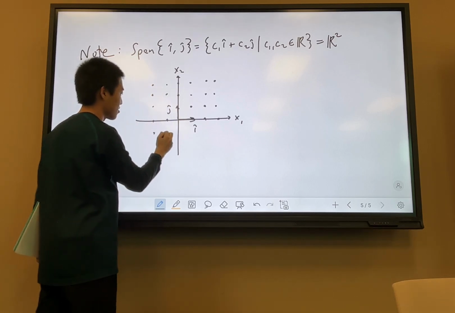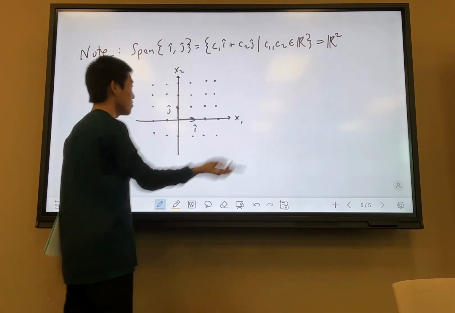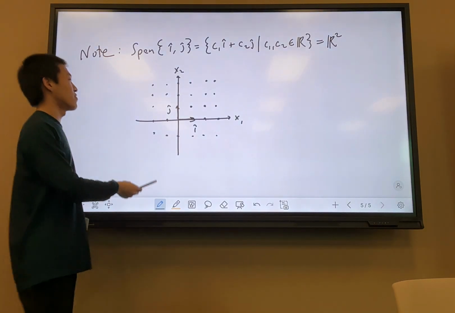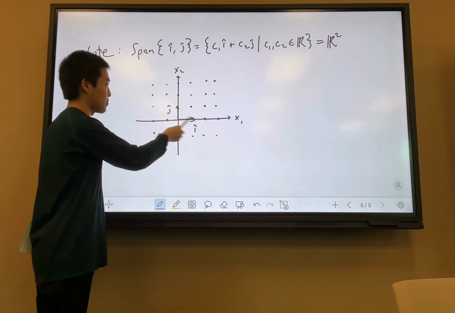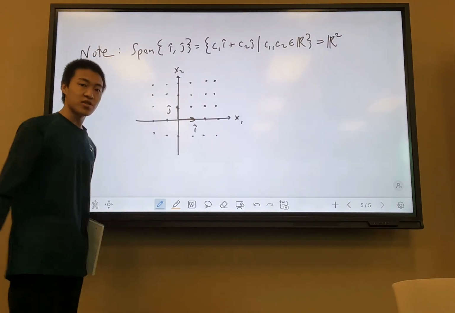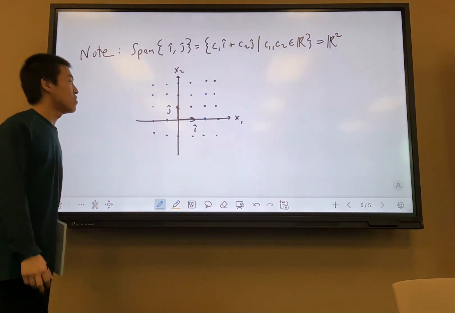And so these fundamental unit vectors form, well, we'll later call it a basis, but for now you just need to understand that the span of these two will cover R2. It's the trivial span of R2.